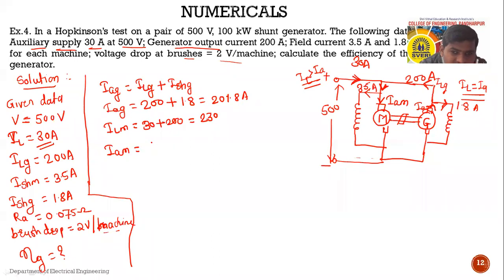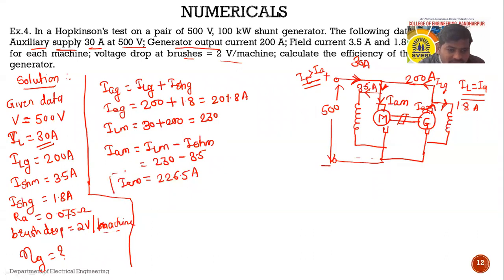IA of M is equals to, हा incoming current, these two are the outgoing current, so IA of M is equals to IL of M minus shunt field current of the motor, ISH of M. So it is equals to 230 minus 3.5. कितनी value है? 230 minus 3.5 is 226.5 ampere. So this one is the IA of motor.